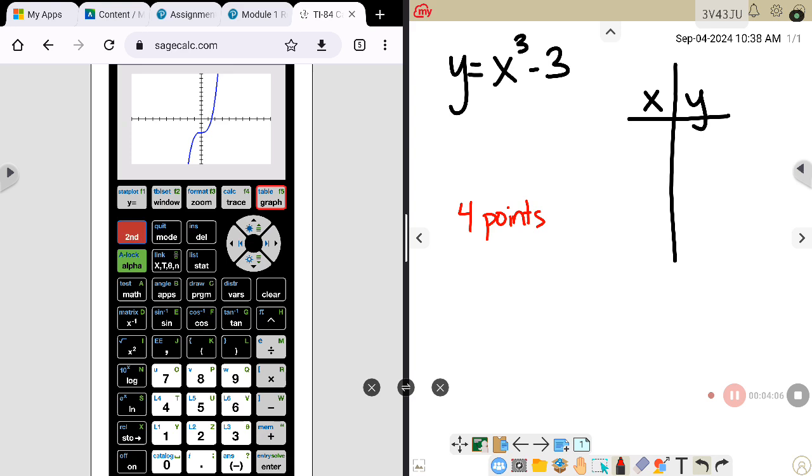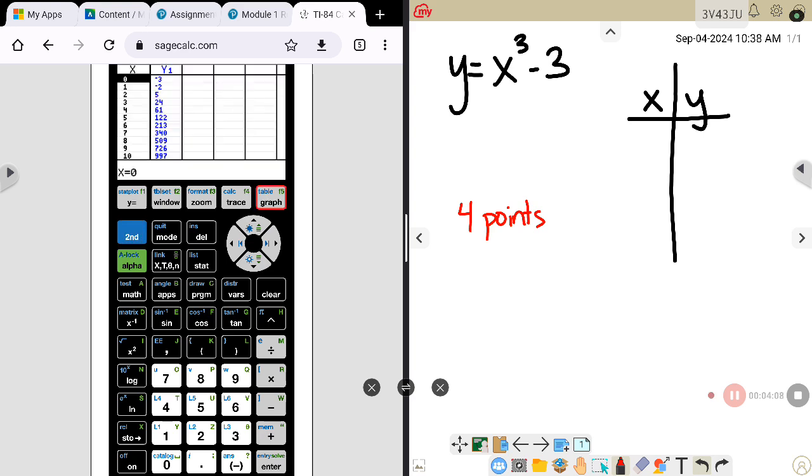So go to second table and let's choose 4 points. Let's see, the first one, I'll do what my cursor's on, negative 1, negative 4, 0, negative 3, 1, negative 2, and 2, 5.